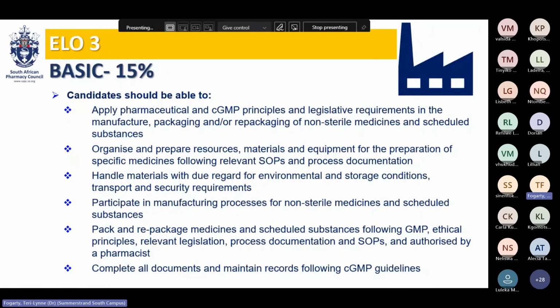ELO 3, we said, was manufacturing. Within your scope of practice, that means involvement and assistance in non-sterile manufacturing.